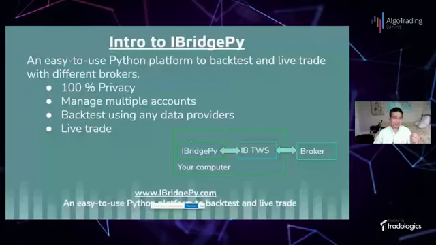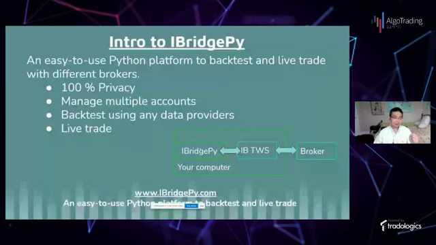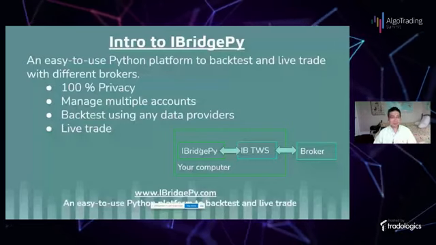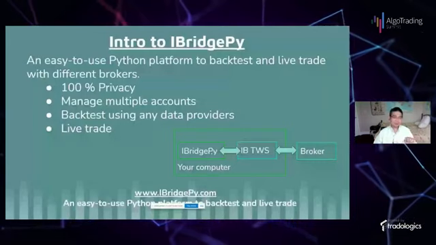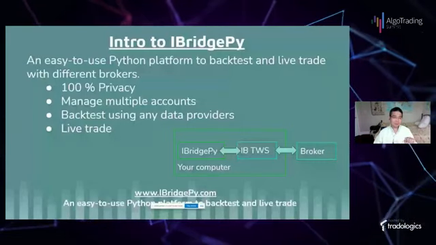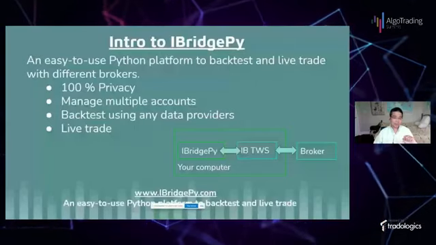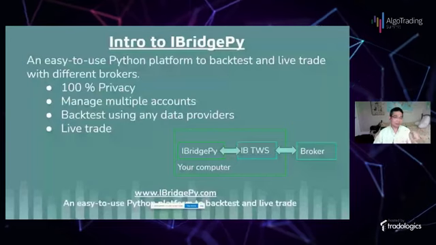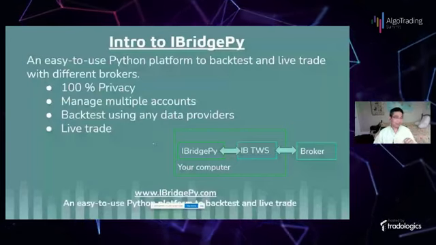IBridgePy is a Python package you can download from the website and install on your computer. Actually, just unzip, it's good enough. If you want to trade with Interactive Brokers, you need to download IB's TWS or IB Gateway. Then it will communicate with the broker and everything is under your control. You can run IBridgePy either on your local computer or in a cloud.